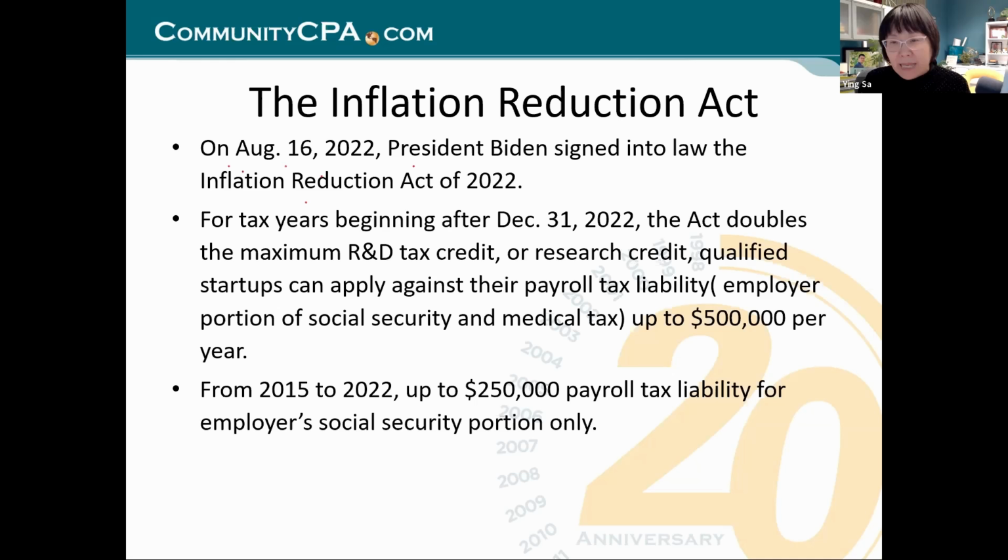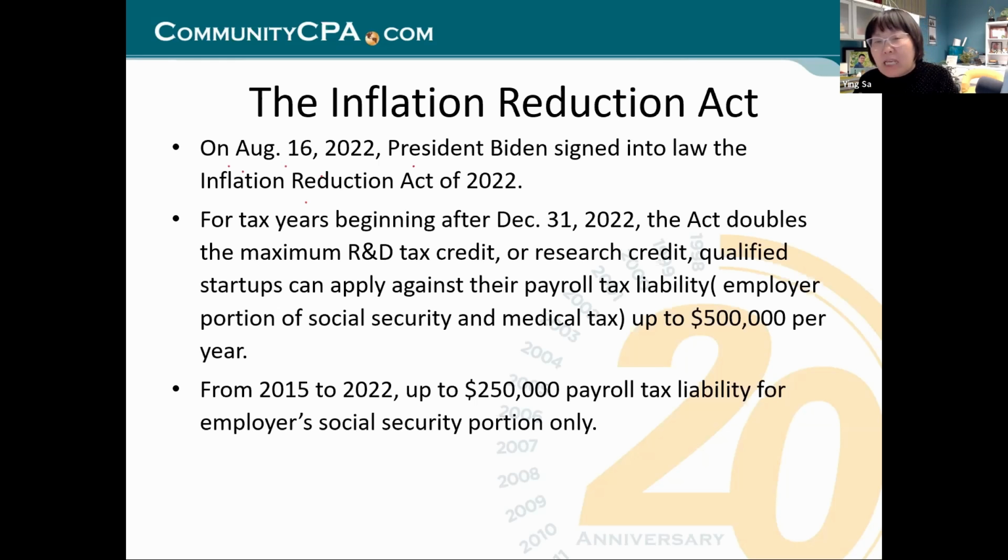But when you offset against your payroll in the past, there was a threshold of $250,000. You cannot go over that amount in the year. But now President Biden made it bigger. He doubled it: don't go over 500,000.